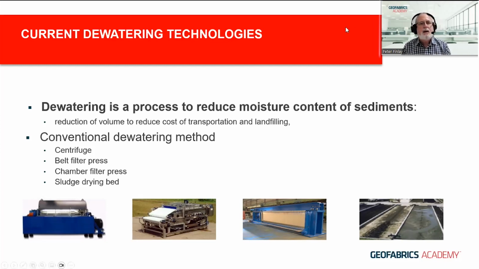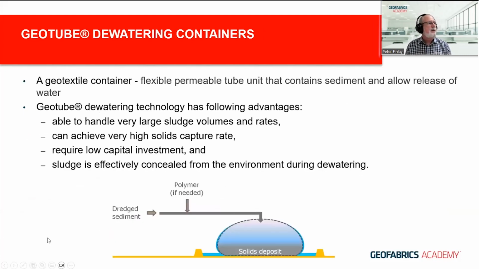There are a number of methods out there. There's the mechanical type dewatering, so your centrifuges, belt presses, and filter presses, and then the more passive, the sludge drying beds. But today we're talking specifically about geotube dewatering containers, or geotube dewatering technologies.